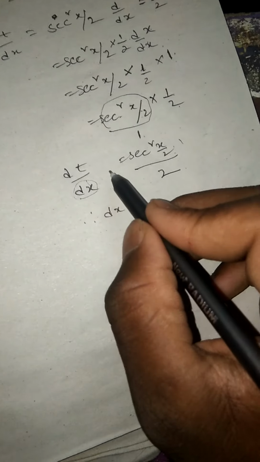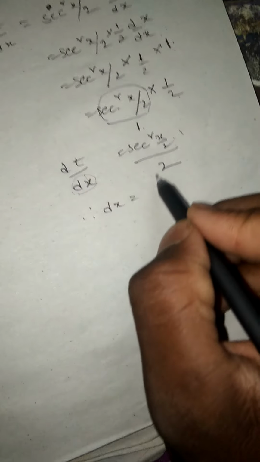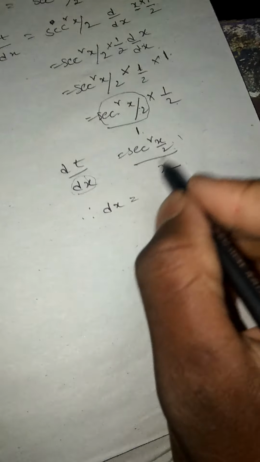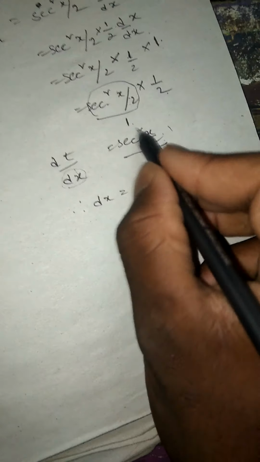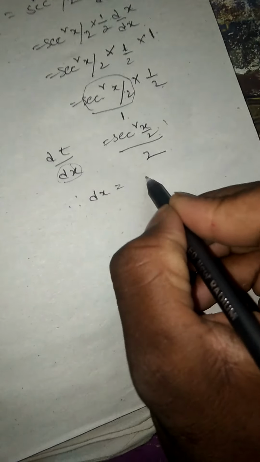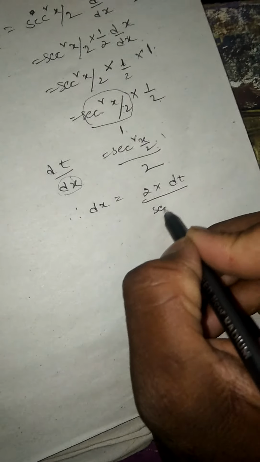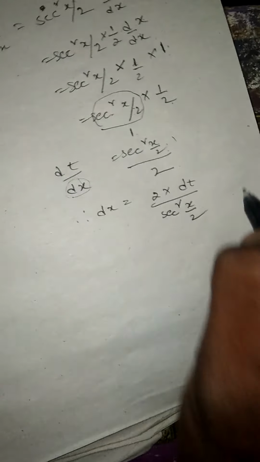This 2 in the denominator goes to the numerator, and the numerator comes to the denominator: 2 into dt by secant square x by 2.